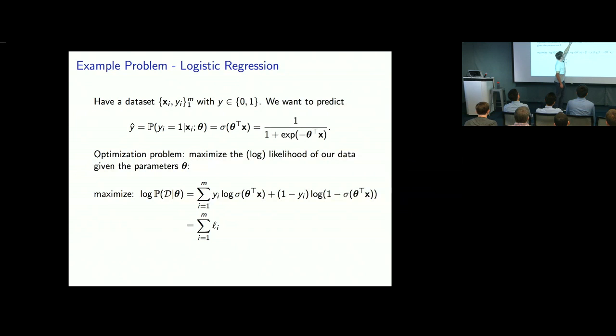And so we just squash this linear transform of x into some function that will map that into 0 and 1 for us. Call that the estimated probability. And then we're trying to maximize the probability of our data given our parameter vector, assuming you're not doing any Bayesian stuff.